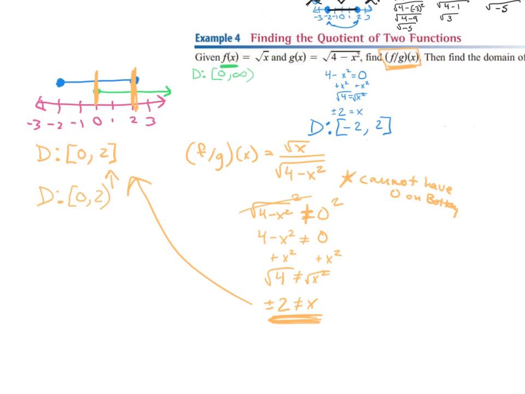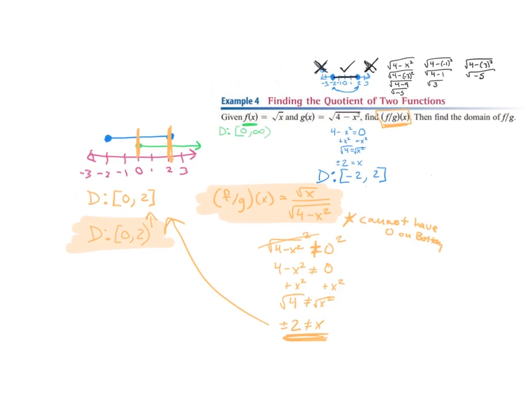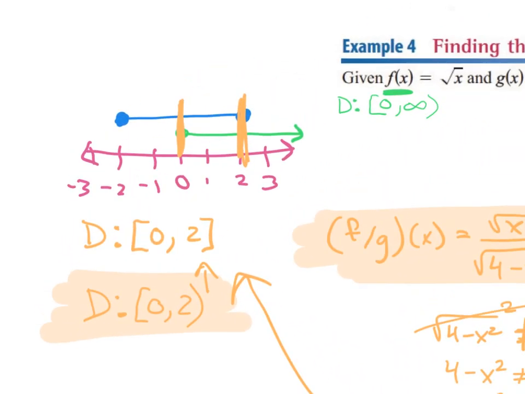So this is our function. And then this is our domain. Our domain is only what's in common, and our g of x, so this blue line represents the domain for g of x.